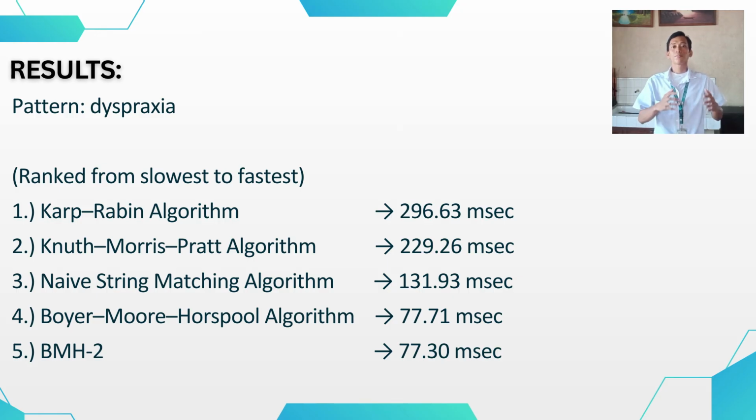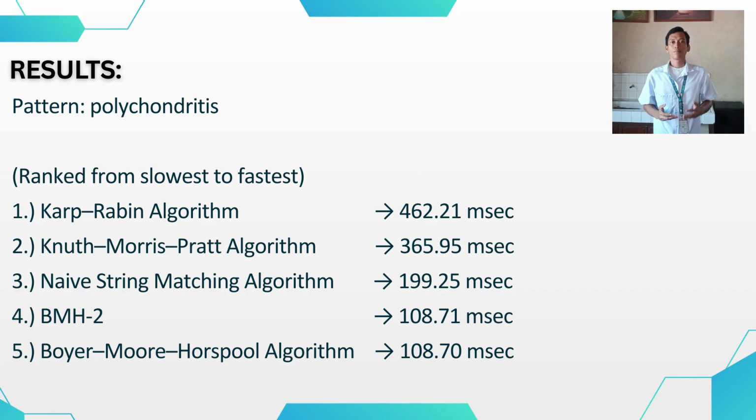grows with longer patterns. For the word polychondritis, the result shows that the Karp-Rabin algorithm is the slowest, which has 462.21 milliseconds, followed by the Knuth-Morris-Pratt algorithm, which has 365.95 milliseconds, then the naive string matching algorithm, which has 199.25 milliseconds, followed by BMH2, which has 108.71 milliseconds.